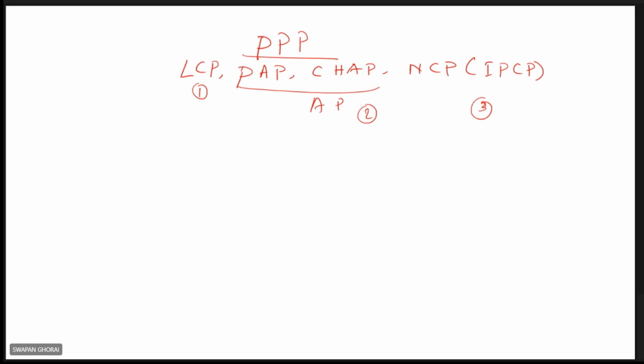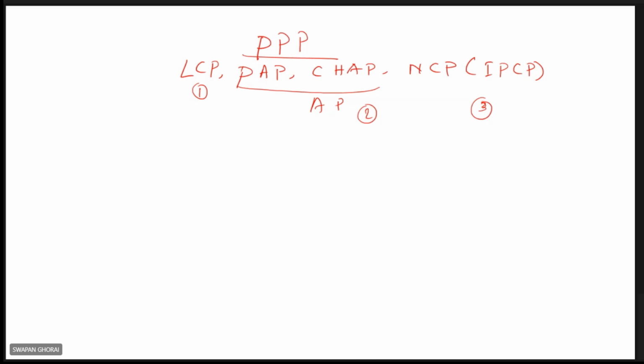There are 3 types of packets in the password authentication protocol. The authentication request consists of the username and password sent by the user.